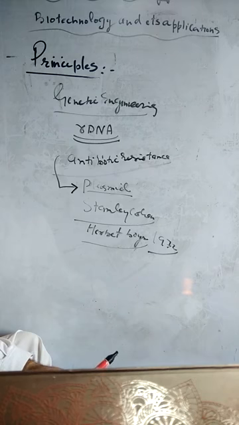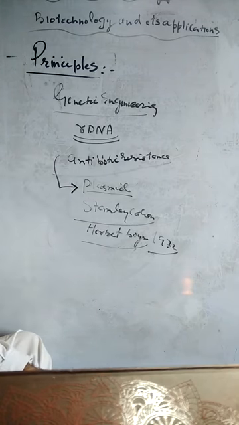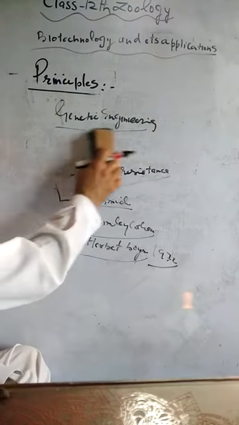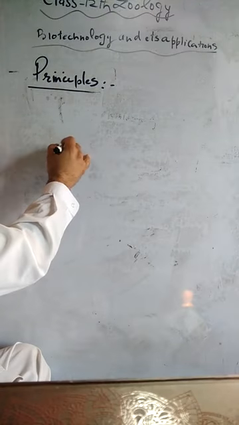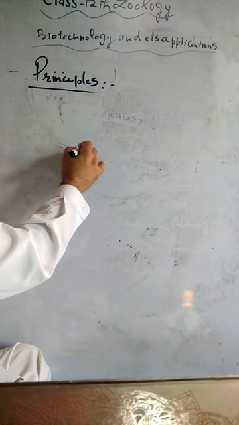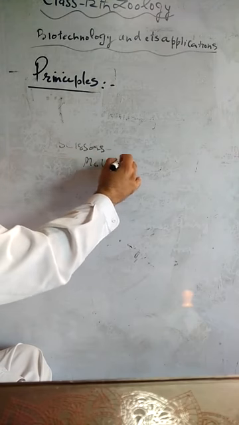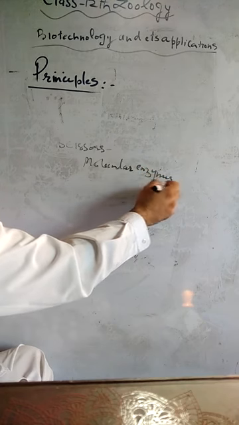The cutting of DNA at specific locations became possible with the discovery of the so-called molecular scissors. These are not physical scissors; they are more of proteins in nature.